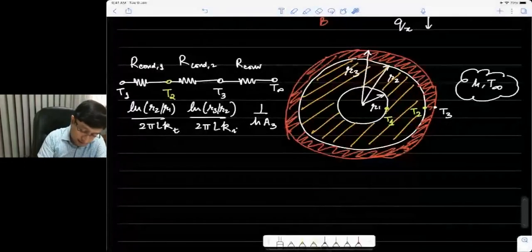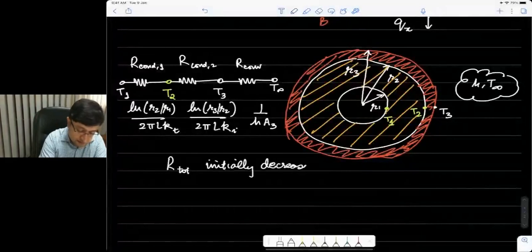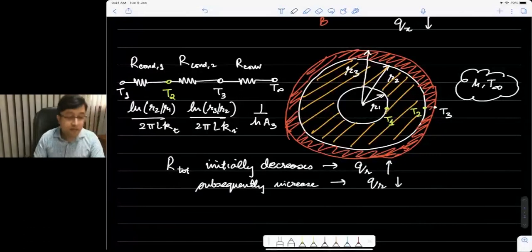What I'm saying is R total initially decreases, which implies that Q that we are trying to calculate will initially increase, but beyond a critical number, it will decrease.